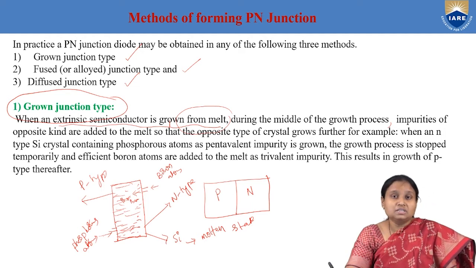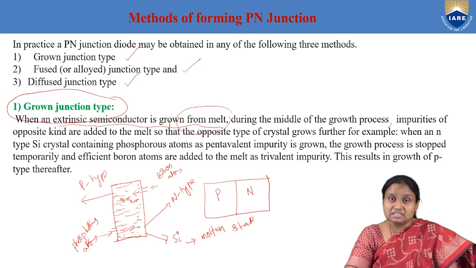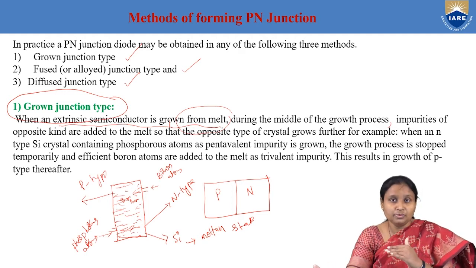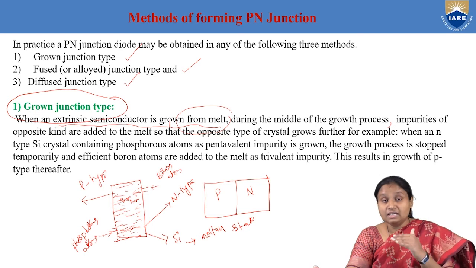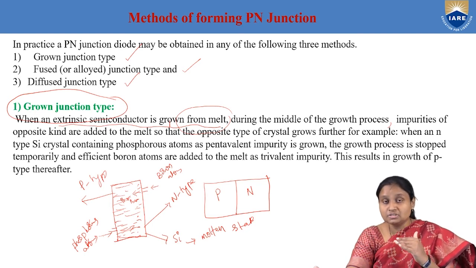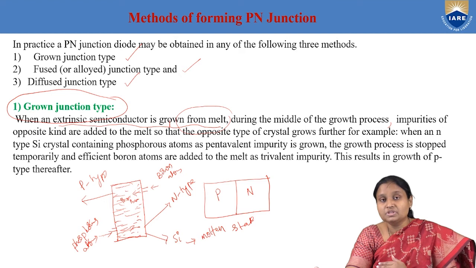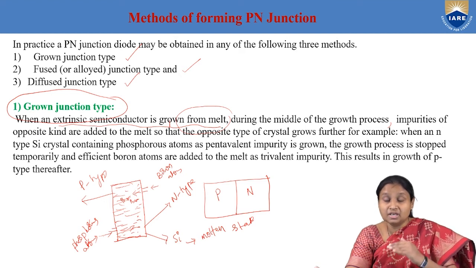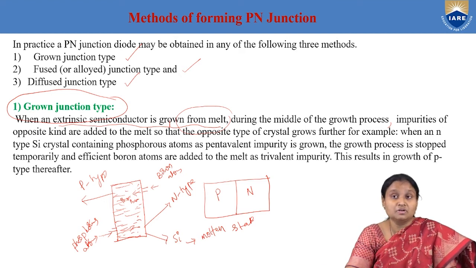So here, grown junction type means we are forming a crystal from the molten state, and we'll add different types of impurities. First, I'll add one type of impurity, and then after that, I'll start adding the opposite type of impurity, so that on one side there will be formation of one type of extrinsic semiconductor, and the other side will have formation of another type.